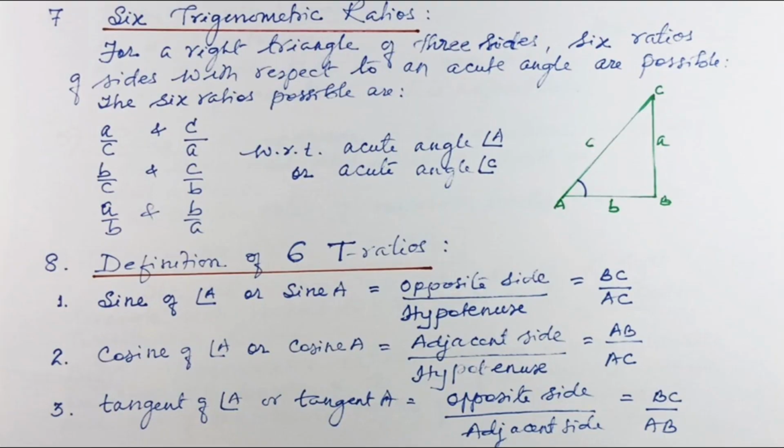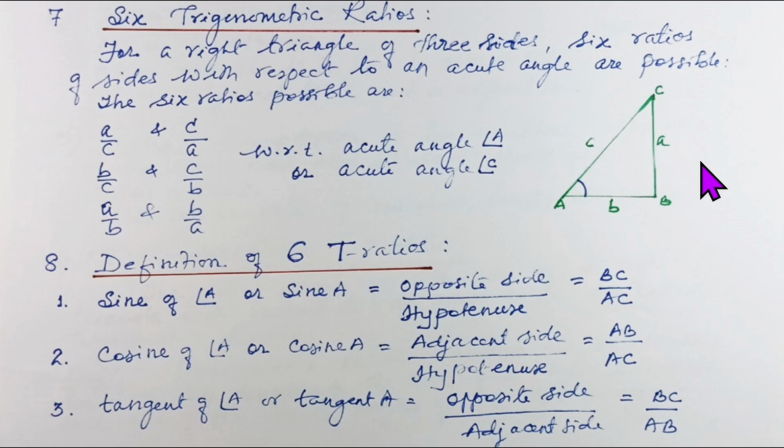Remember that. Now, we can define 6 trigonometric ratios because in a right angle triangle there are 3 sides and therefore we can have 6 ratios. That means A upon C is one ratio, then C upon A is the second ratio, B upon C is one ratio, C upon B is another ratio, and so also we have A upon B is one ratio and B upon A is another ratio.